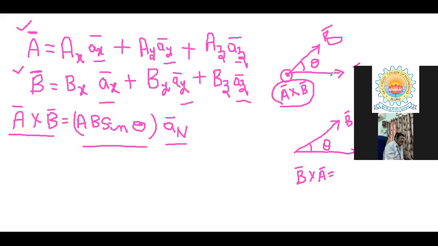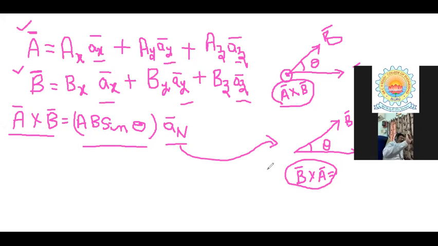The angle between A and B, or B and A, is the same theta. So theta is the same, the magnitude of A and the magnitude of B are the same. The only difference once you take B cross A bar is the direction. The direction of B cross A bar is obtained by using the right hand thumb rule, or right hand rule.